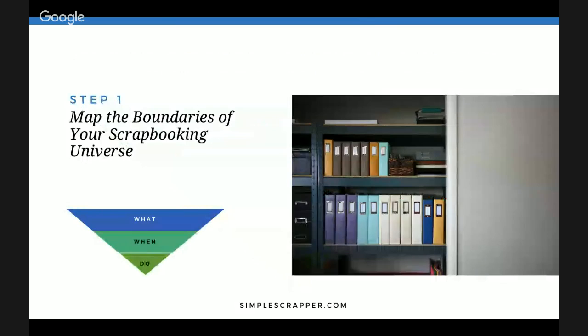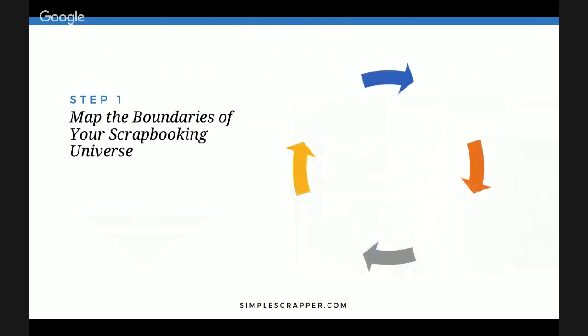And so step 1 here is what component it is that you're working on. I call this mapping the boundaries of your scrapbooking universe. There's a photo here of my closet, actually in my previous house, of my albums. It's seeing what is this library that you're building. I like to do this by asking some specific questions, in an iterative fashion. What have I done in the past year? What have I worked on? What have I not worked on?